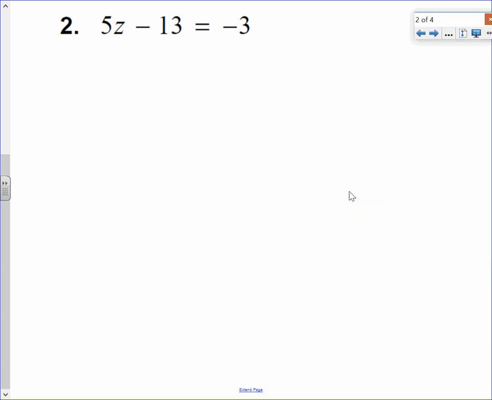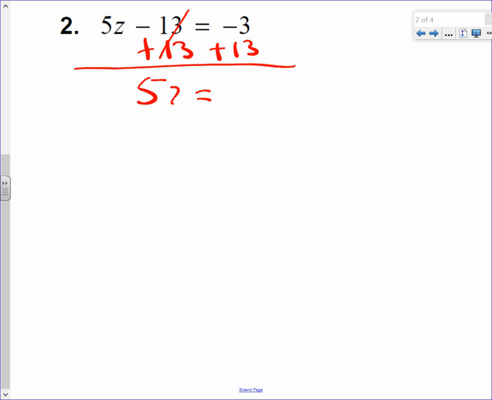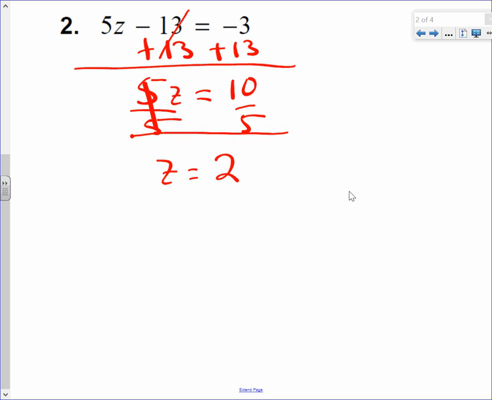Bye-bye to that, and bring that to equal. 5z is 10. Let's get rid of the 5 now. The opposite of multiplication is division. z is 2. We're rocking and rolling.